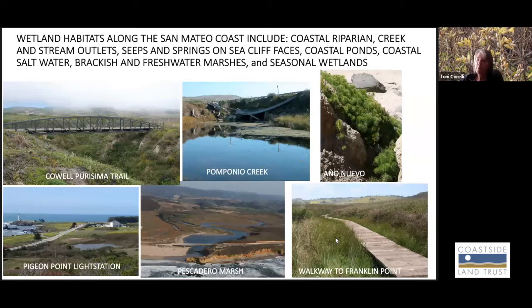Many of the plants I will be showing you today overlap into other wetland habitats as well, but these are some of the habitats and plant associates we have observed along the San Mateo Coast.